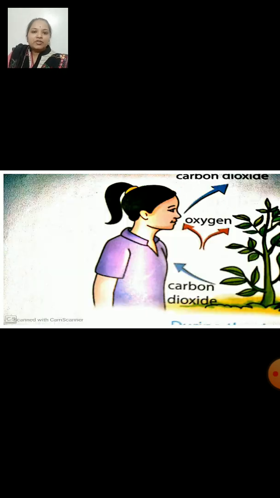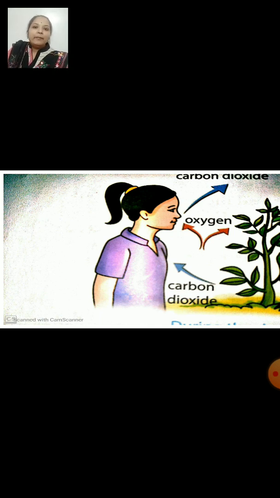In the next picture, you can see living things breathe, right? Put your hand on your chest. You can feel it going up and down. Tell me, why is it so? Right, it is because living things breathe.